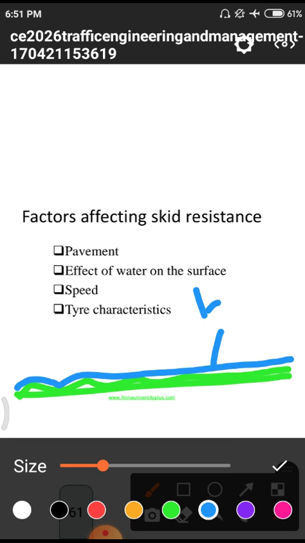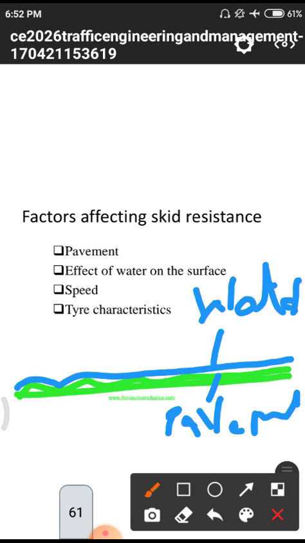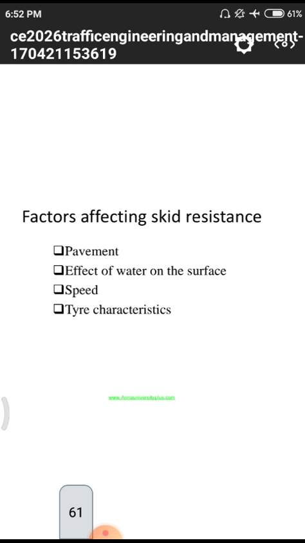This is the water layer, and this is the pavement layer. Why? Because in the bottom we have the ground pavement, and after the pavement we have this water layer. So layer by layer, there is automatically a chance of skidding. This is also another kind of phenomenon.